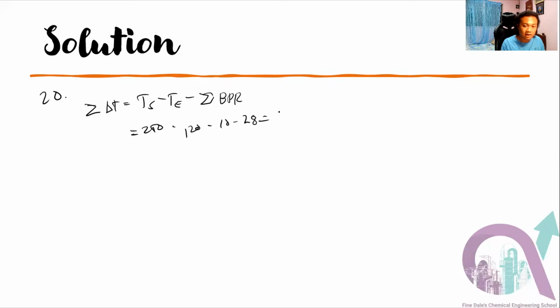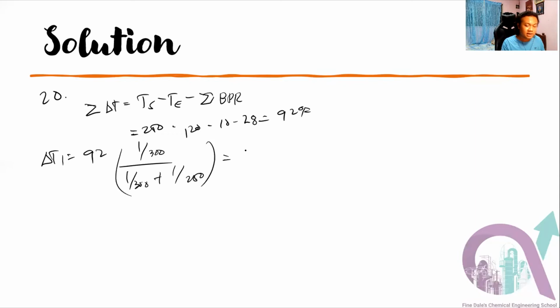You will get 92 degrees Fahrenheit. You have 92 here, and then 1 over 300, 1 over 300 plus 1 over 250. You'll get 41.8 degrees Fahrenheit, so you can round it up to 42.